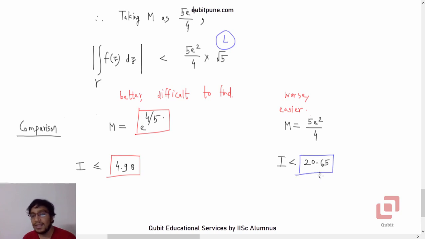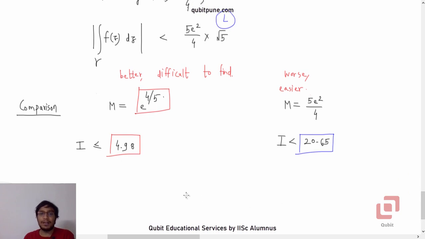Now this is almost 3 times 4.98, or even 4 times. However, if you have got a value of the absolute value of the integral, let us say 22 or something like that, then you can be 100% sure that there is something wrong.